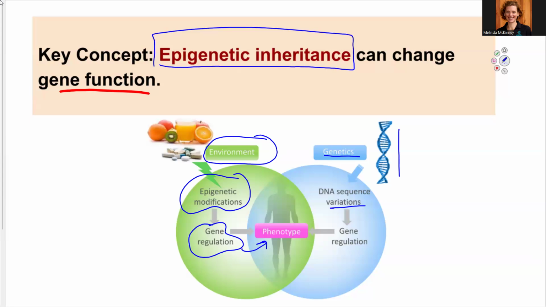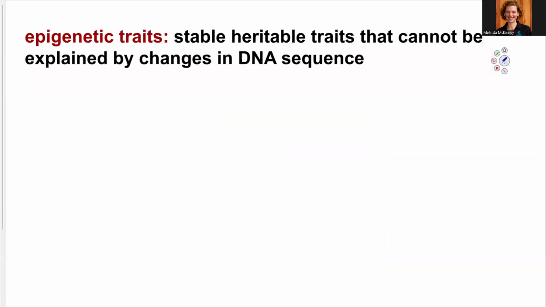And so if you know the DNA sequence, then you're going to know exactly what the phenotype is going to be. But in fact, there is this interaction with the environment, which we're still learning about the extent to that.